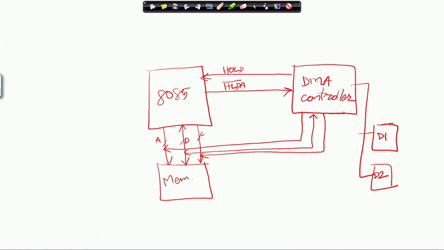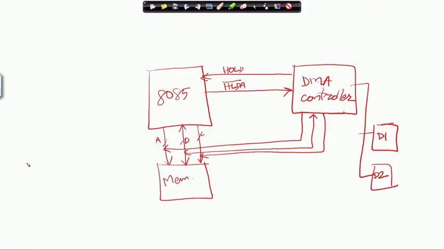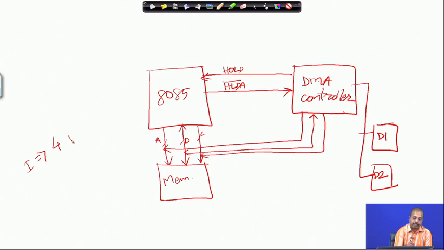So, the 8085 processor was executing some instruction. Maybe it was executing instruction I, which takes a total of 4 machine cycles, and at present it is in the second machine cycle. When this hold signal has been activated, the processor is in the second machine cycle of the instruction. So, what will happen?